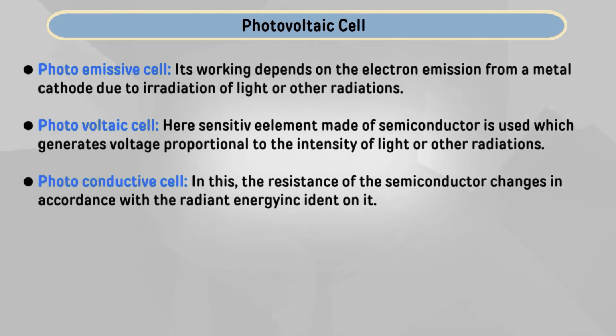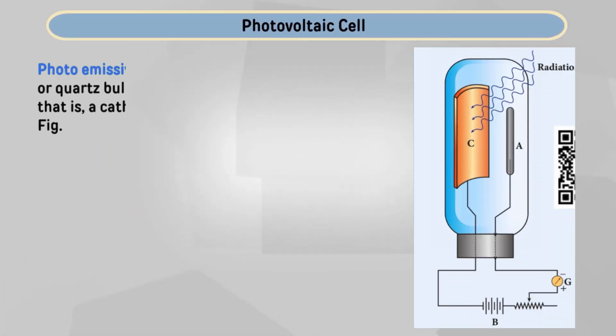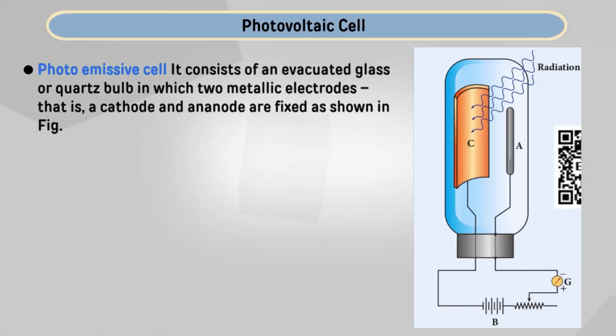In the second, the intensity of light is converted in the form of volts, and in the third case we have the change in resistance, which one can observe with the effect of light. So, these are the differences between these three photoemissive devices.